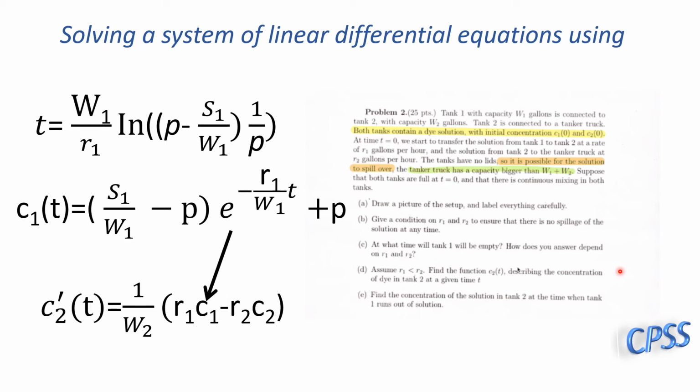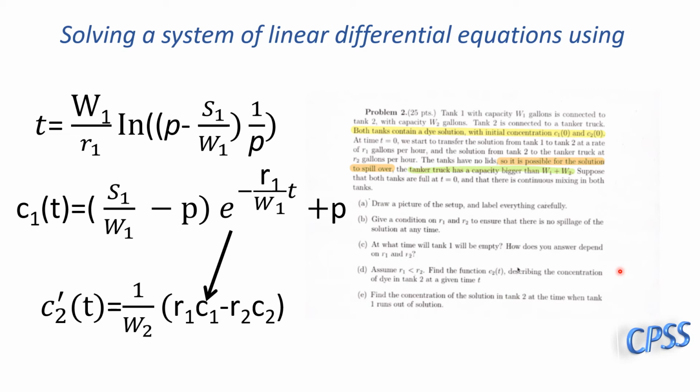Now you solve, just like the C1 concentration, an inhomogeneous differential equation. This time it will be in C2 only, once you substitute in for C1. Your rate R1 is a constant, not dependent on time. R2 is constant too. If they were dependent on time, this would be a more complicated problem.